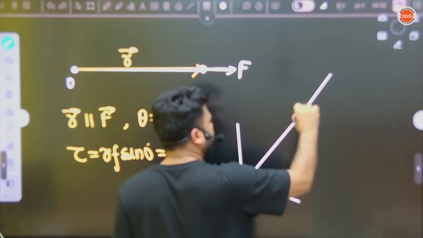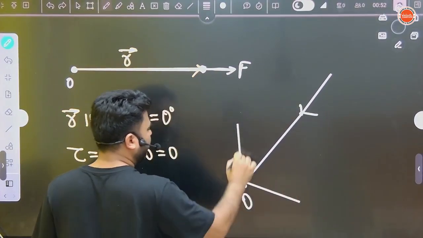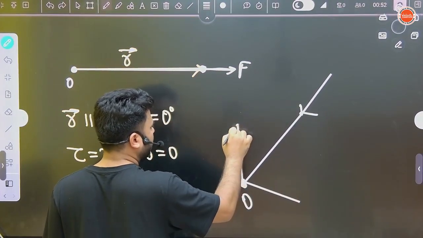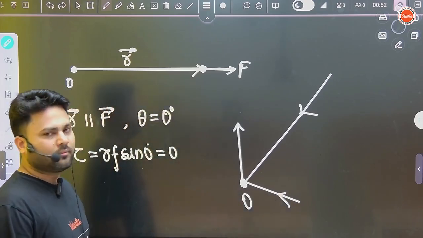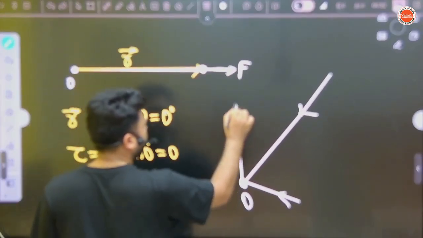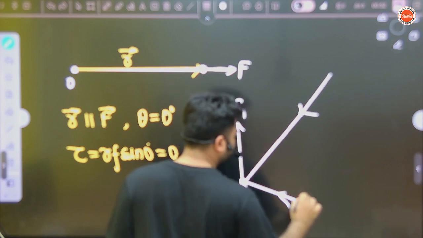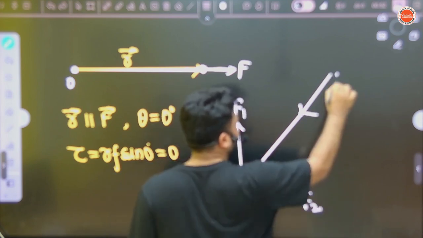You have applied one force here, one force here, and one force here. F1, F2, F3.